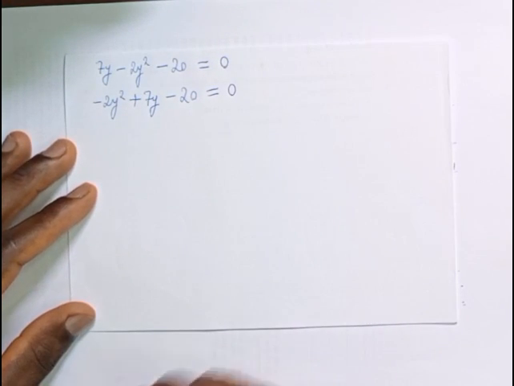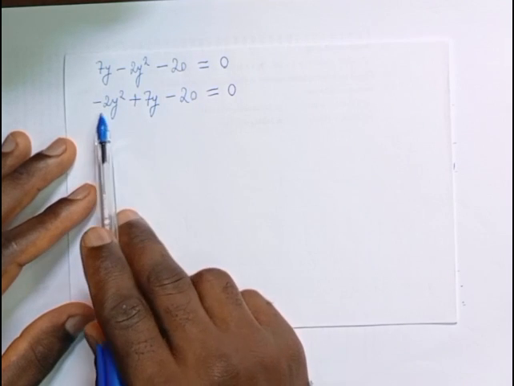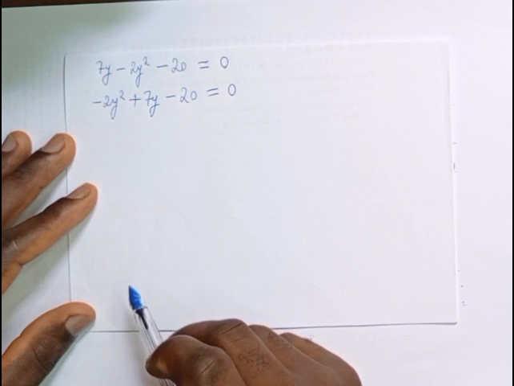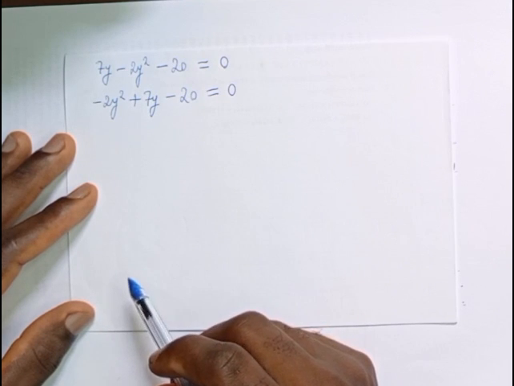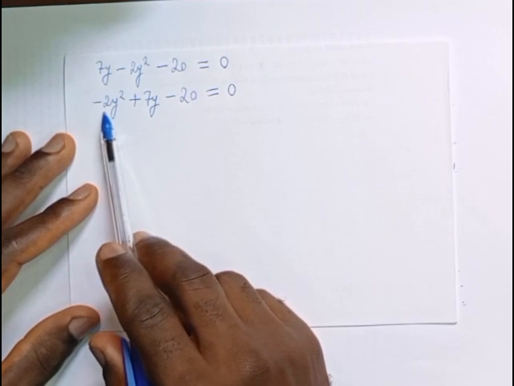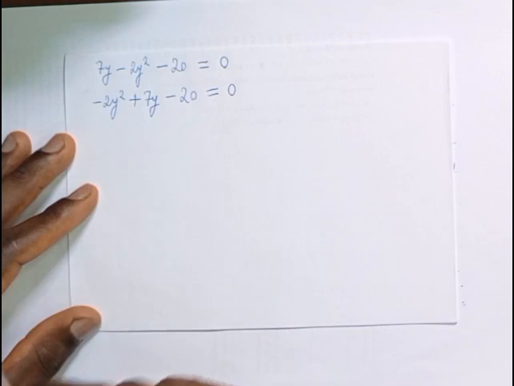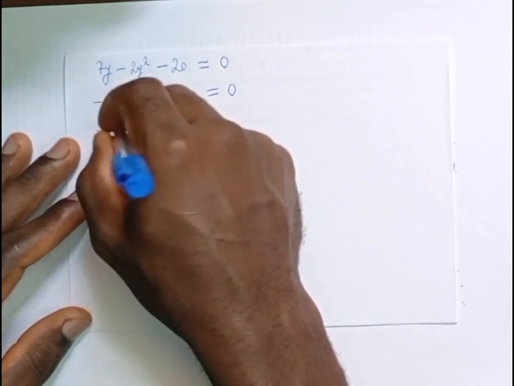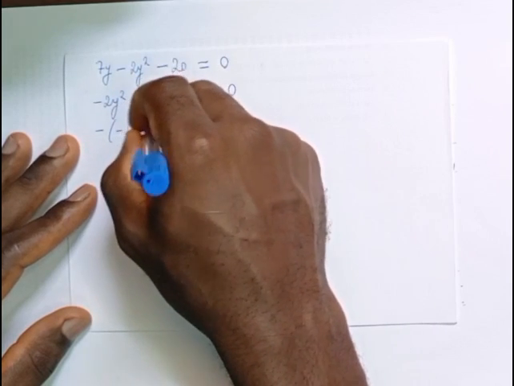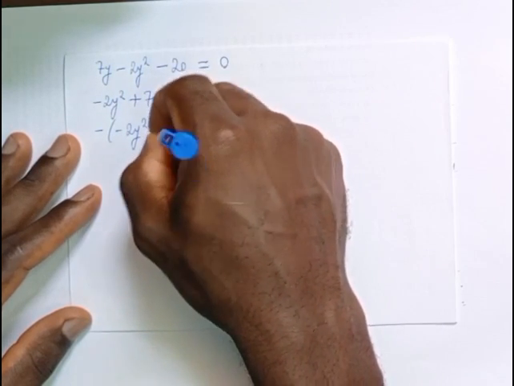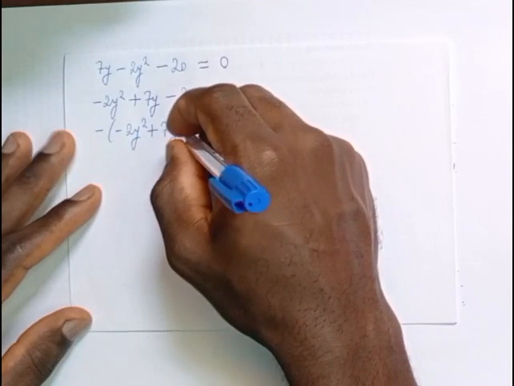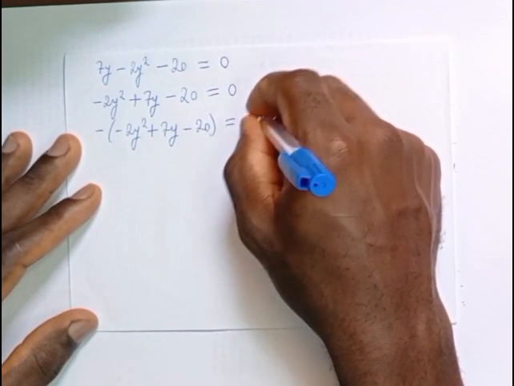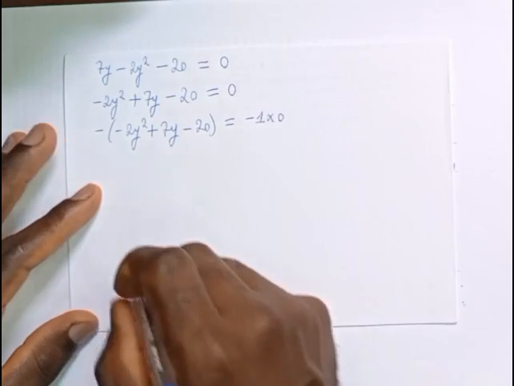Next, what we have to do is multiply all through this quadratic equation by negative 1. The reason why we are multiplying all through by negative 1 is simply because we want to make the coefficient of y squared positive. Multiplying all through by negative 1, this will give us negative 1 times negative 2y squared plus 7y minus 20 to be equal to negative 1 times 0.